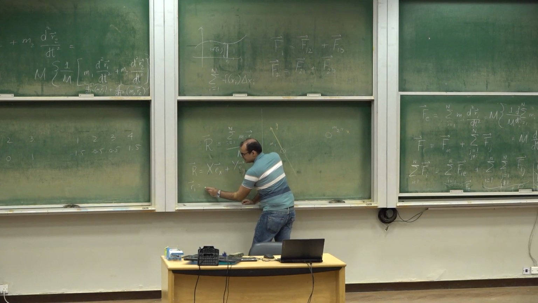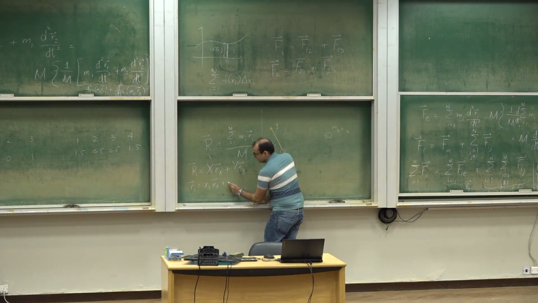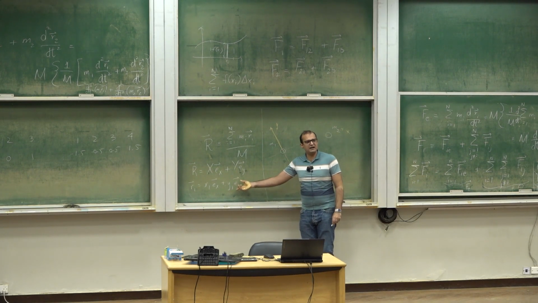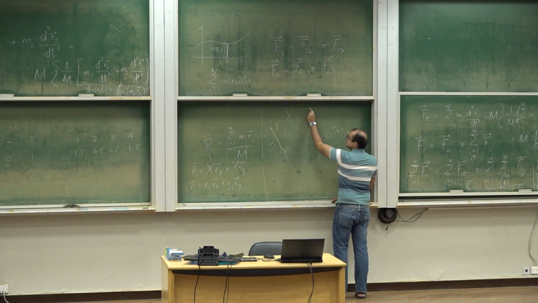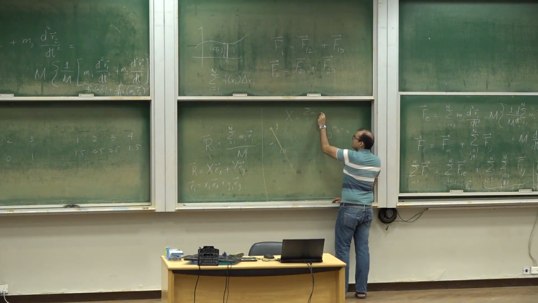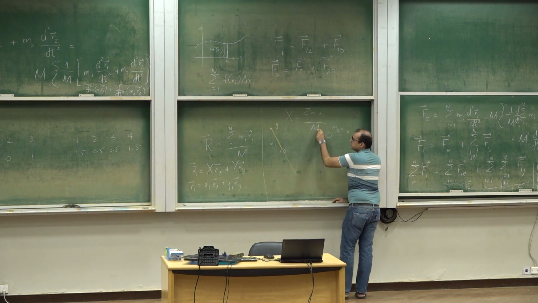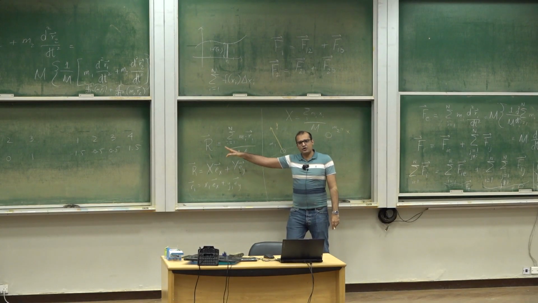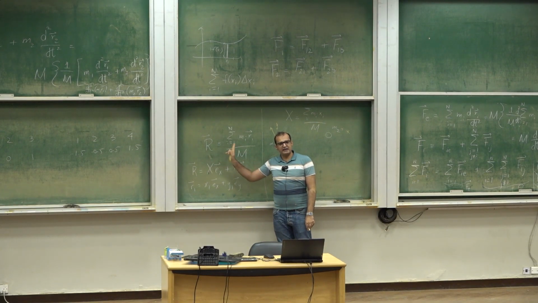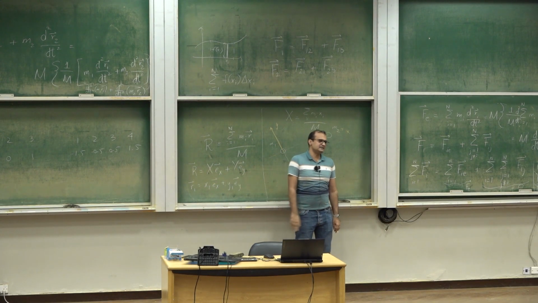I'm doing it in 2D, it's exactly the same calculation in 3D. And so on and so forth. You plug these in over here and you find that capital X equals sum of mᵢaᵢ over capital M, of course. If the position vector is like this, then the x coordinate of capital R should only depend on the x coordinates of all the particles. The y coordinate of capital R only depends on the y coordinates of all the particles, and so on and so forth.